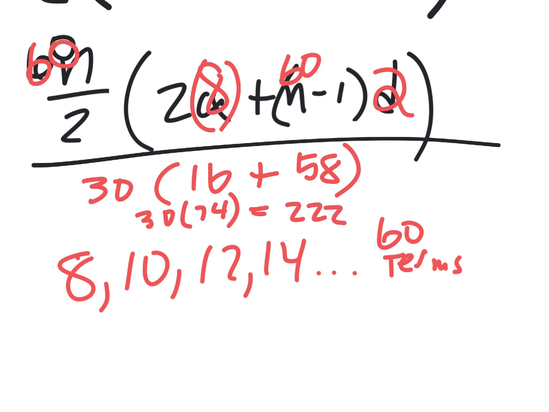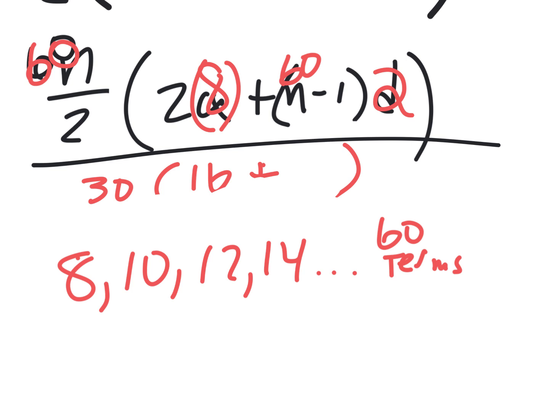Did anybody verify that? Okay, obviously I did it wrong. Thought I had it. Okay, 16 plus 59 times 2 is definitely not 58. Yep, 59 times 2 is where my major mess up was.